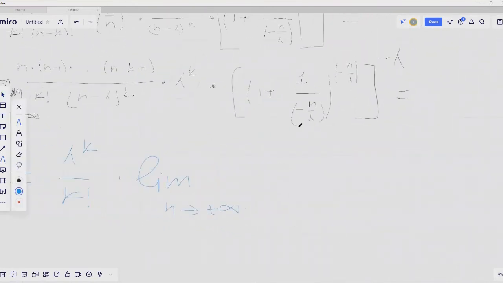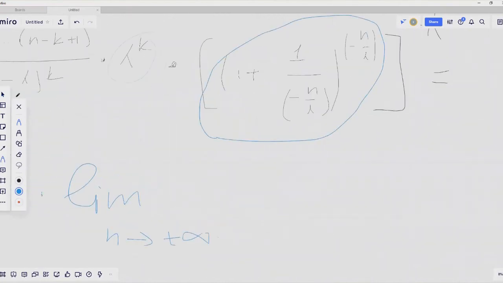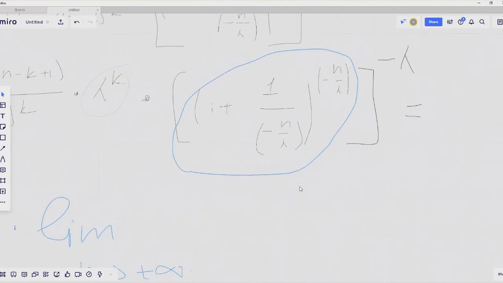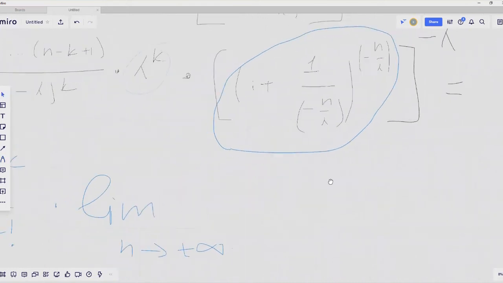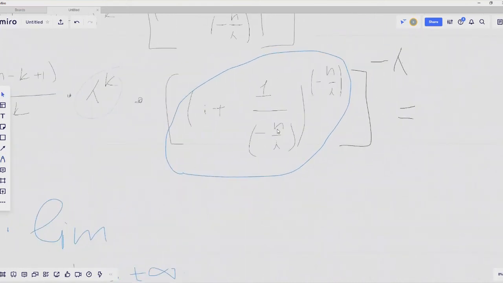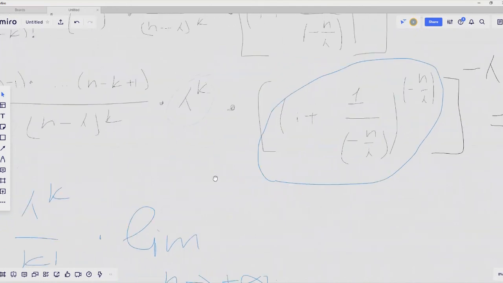Now let's pay attention to that strange term that I have written before. The limit as n is approaching infinity of that term is equal to e. So this term here is then e to the power of minus lambda.